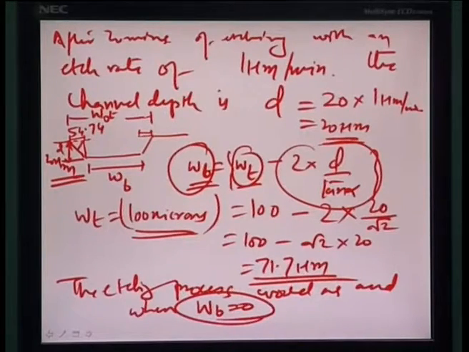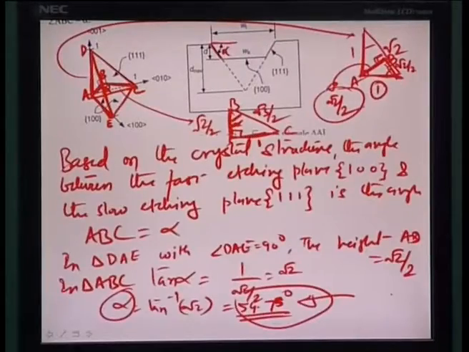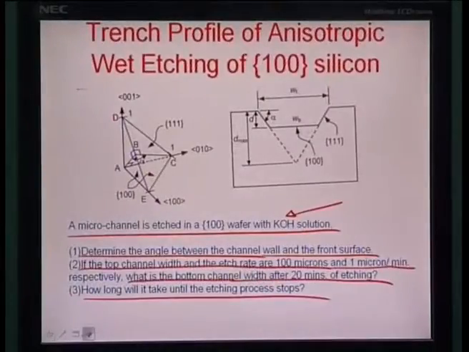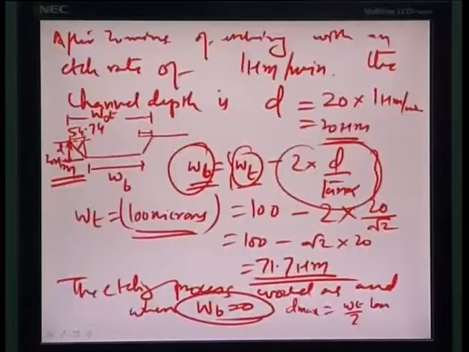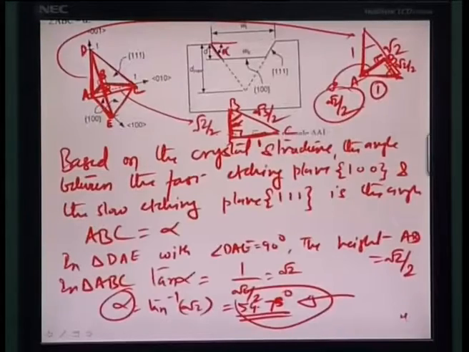You are actually subtracting from both ends 2 d by tan alpha in the process from WT. So, here if WB is 0, then the maximum etch depth needed for WB to be equal to 0 is d max equal to WT by 2 tan alpha. Okay. And in this particular case, WT by 2 tan alpha would be about 70.7 micrometers.